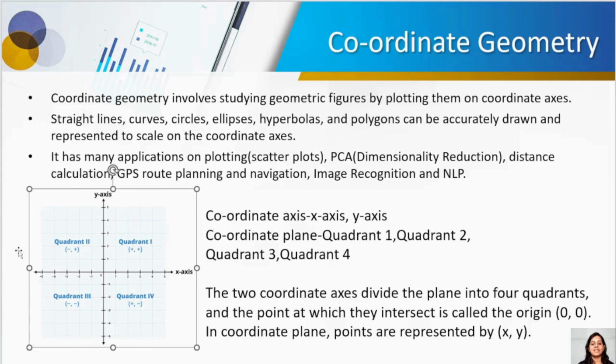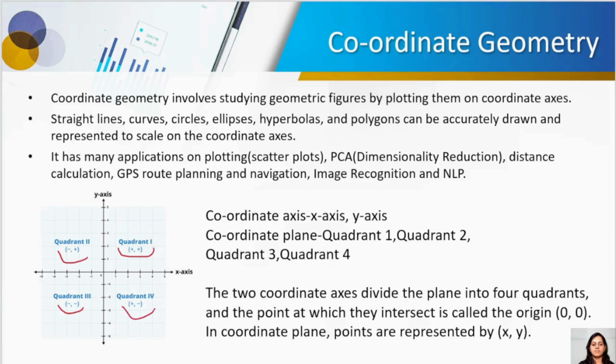That plane is getting divided into 4 parts: quadrant 1, quadrant 2, quadrant 3 and quadrant 4. Quadrant 1 has plus plus, quadrant 2 has minus plus, quadrant 3 has minus minus, quadrant 4 has plus minus. Why?